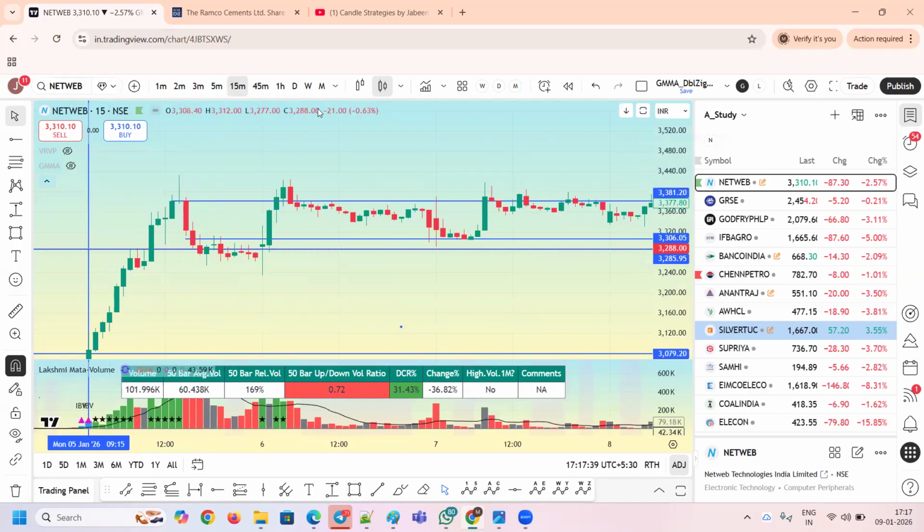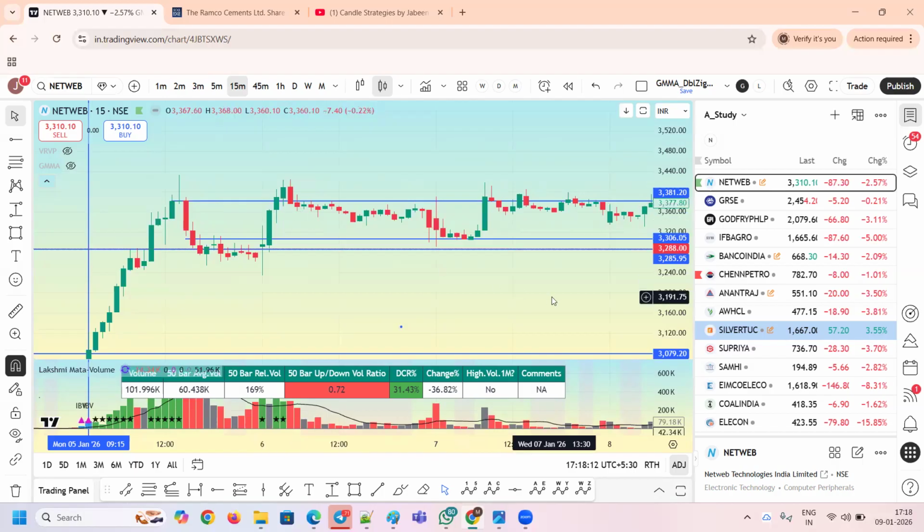Either it should be a red candle, or it should be a resistance level. You should exit. Otherwise, you will end up in sideways or downways most of the time. Is this clear? For me, even if this is a green candle, I will exit here, because that resistance point has been reached. It may pull back to that point by the time I understand that this is the place where I have to exit. Got it?